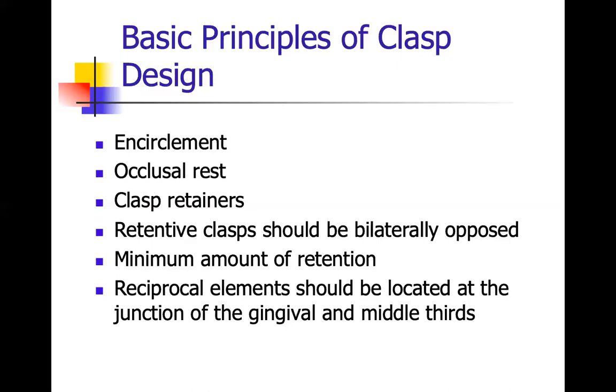The amount of retention should always be the minimum necessary to resist reasonable dislodging forces. Reciprocal elements of the clasp assembly should be located at the junction of the gingival and middle third of the crown of abutment teeth.